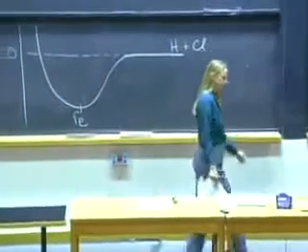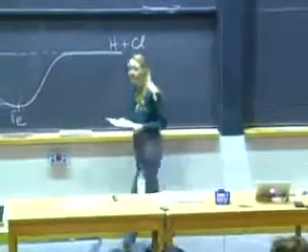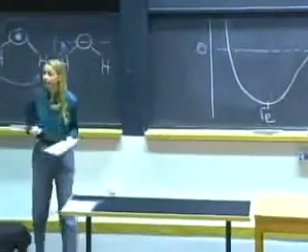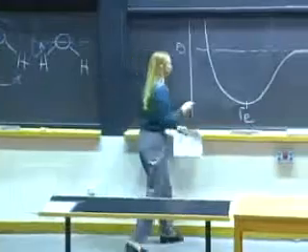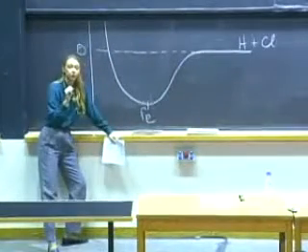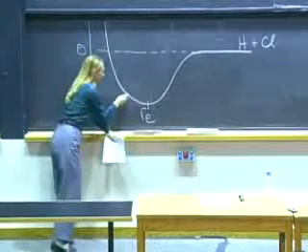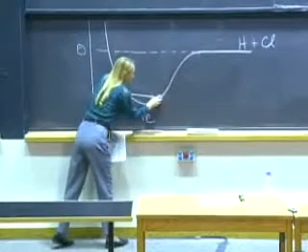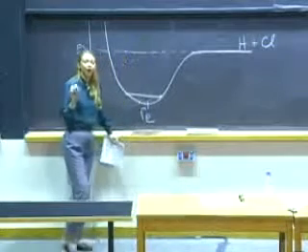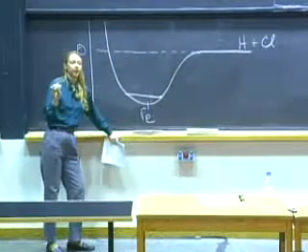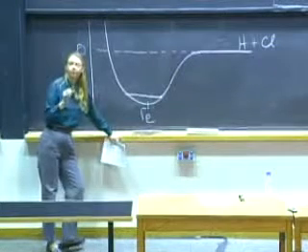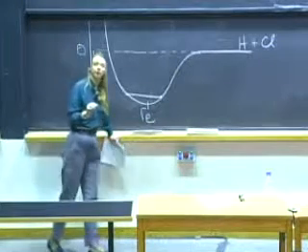Now, I'm going to draw in the ground vibrational state of HCl. The ground vibrational state, I'm going to represent as a line. It's going to be the energy. There's the ground vibrational state of HCl. That energy is characterized by a quantum number, the vibrational quantum number.